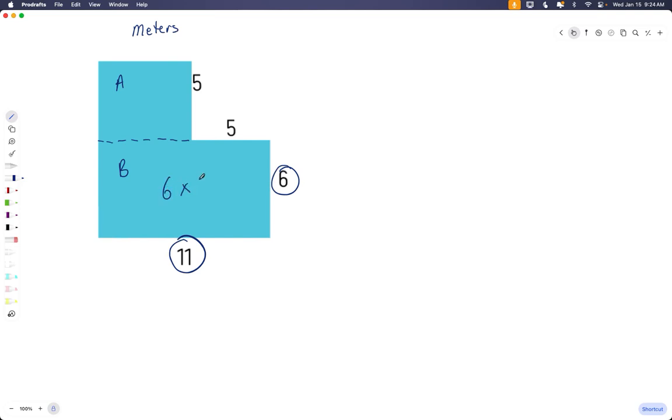So you have a 6 by 11 meter rectangle. So for B, I would say that that is 6 meters times 11 meters. So that would be 66 meters, and meters is used twice, so we have the exponent of 2. And this 2 indicates that it is an area.